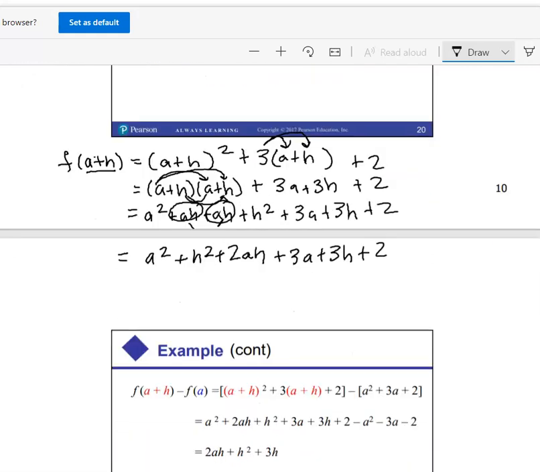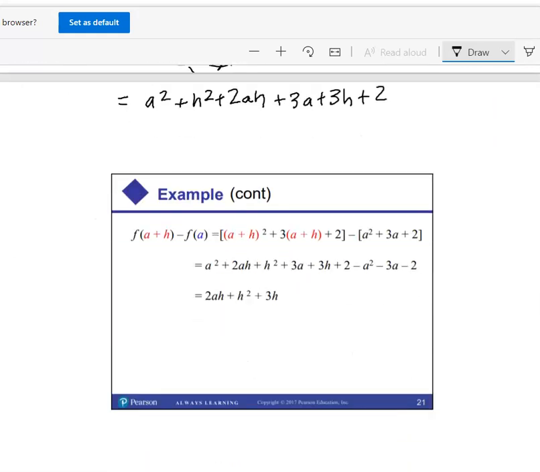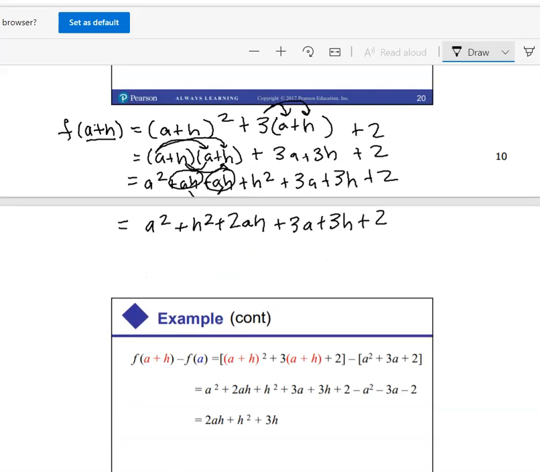Okay, so how do we do this problem where we're having to do f of a plus h minus f of a? Well, I already know what f of a plus h is, right? We already did that, so you might want to separate these things out. We already calculated f of a plus h.